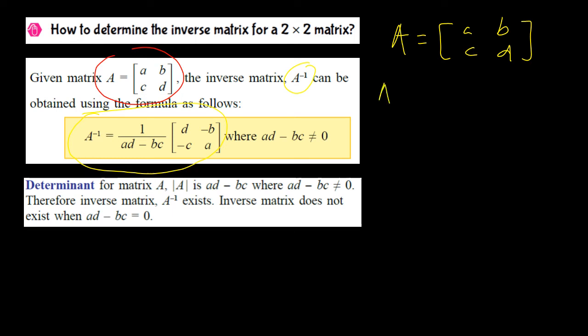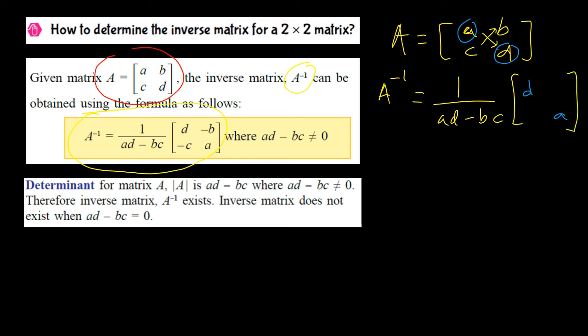You have 1 over AD minus BC, okay? And then you interchange A and D. D goes there, A goes here, okay?